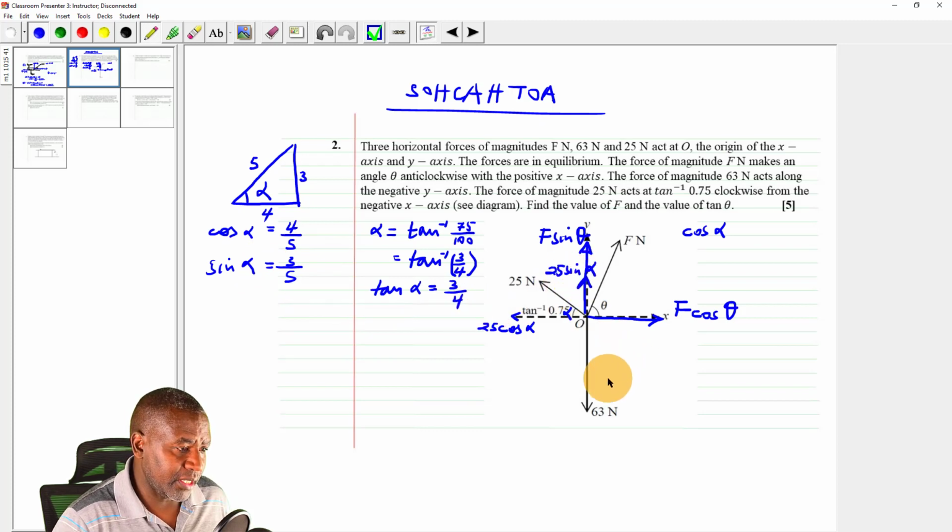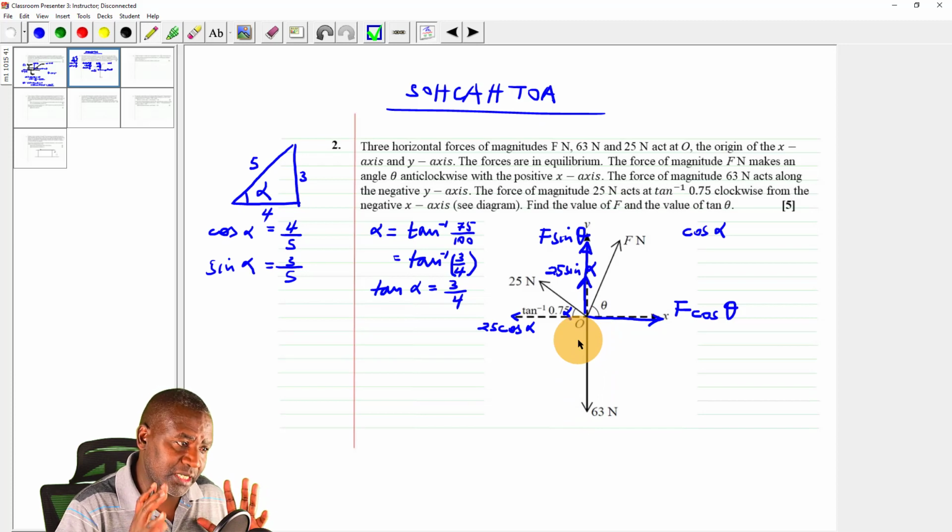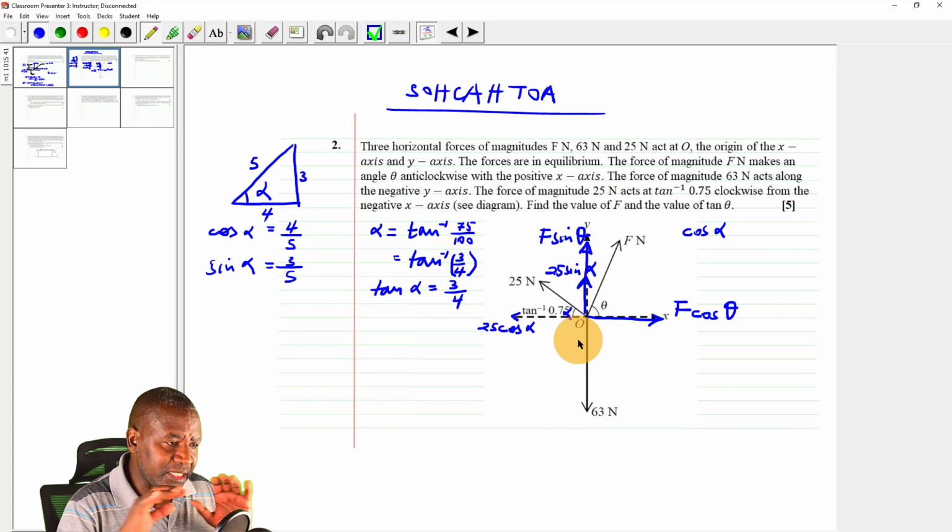So let's go on. 63 will not be resolved because it is in the proper standard direction. It is vertically downwards. Remember here, the best directions will be horizontally and vertically.